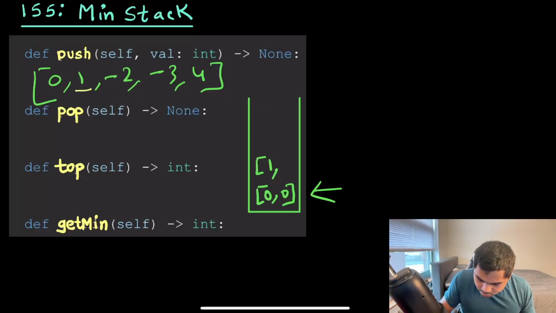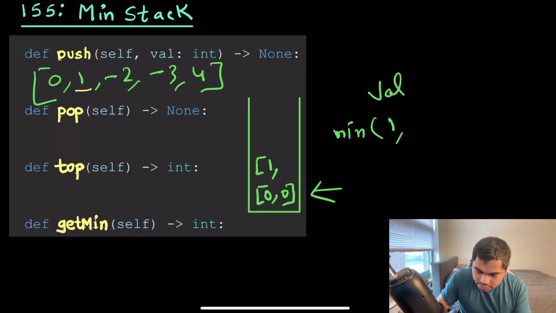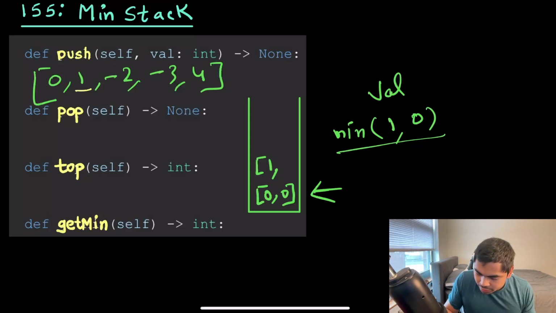At this position, I will see what the minimum is between my current value, which is 1, and the minimum so far, at the last position. I haven't pushed this thing yet. So my last min was 0. What is the minimum here? 0. So I will push 0 over here.